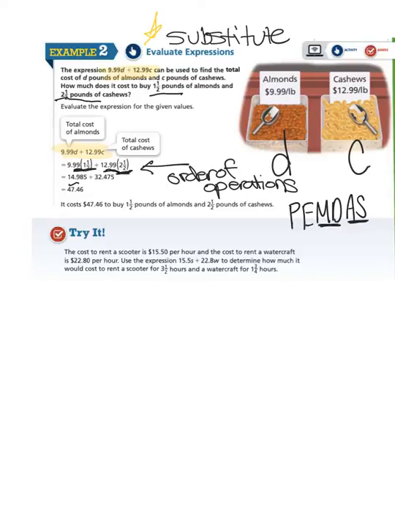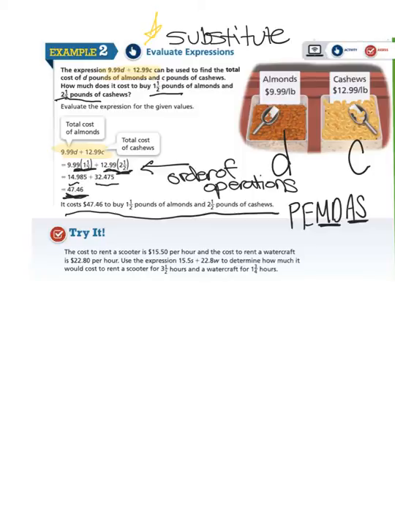You know that a half could be 0.5, and you come up with 32.475. And to find the total cost of both of these, you're going to add those two numbers together, and that's what you're going to get. 47.46 is the total cost to buy those almonds and cashews.